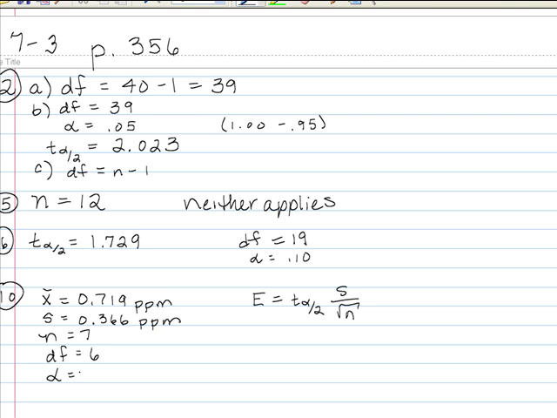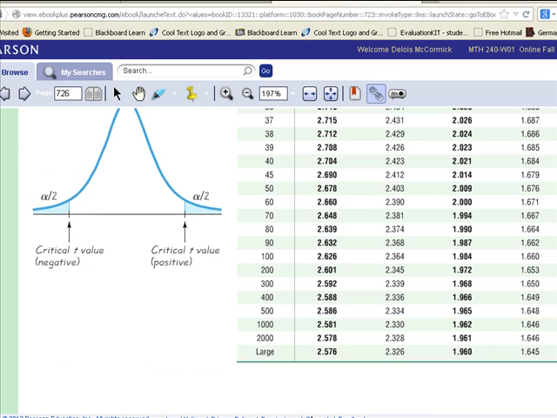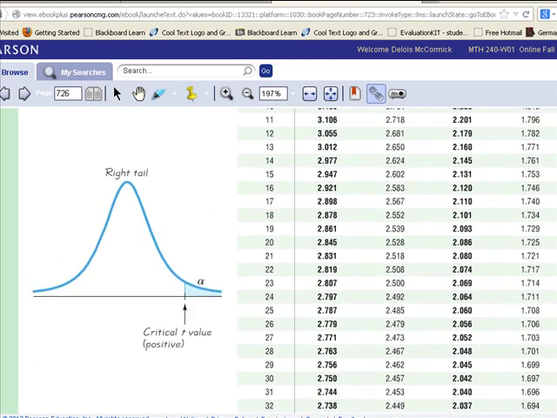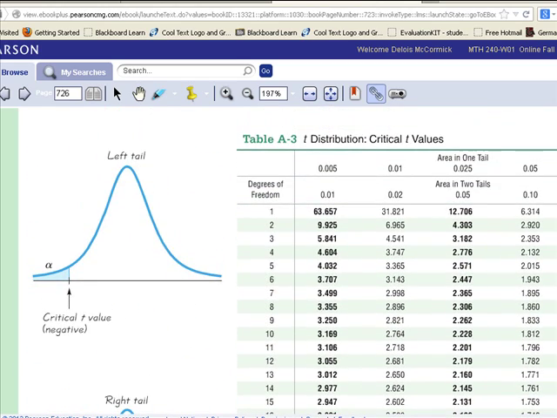So our t sub alpha over 2, we've got to go to our table. We want to use degrees of freedom 6 and alpha equal to 0.10. Alright, we're in the next to the last column, and degrees of freedom is 6. So we want to go across, so it's going to be 1.943.